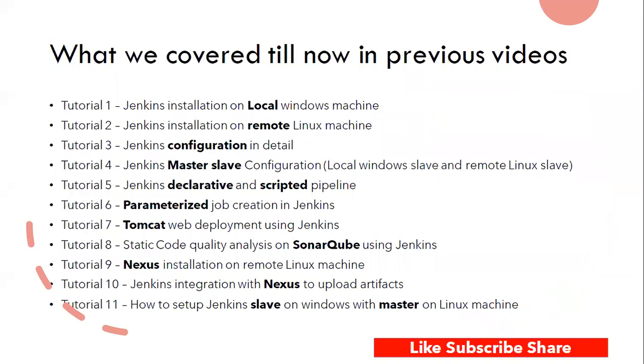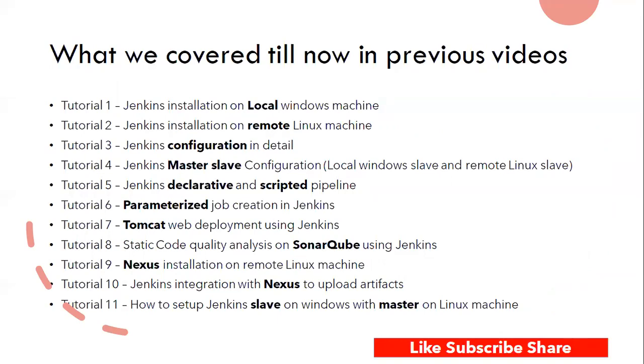Till now, we have covered all the aspects of Jenkins. In our first tutorial, we have seen how to install Jenkins on local Windows machine. On our tutorial 2, we have seen Jenkins installation on remote Linux machine.